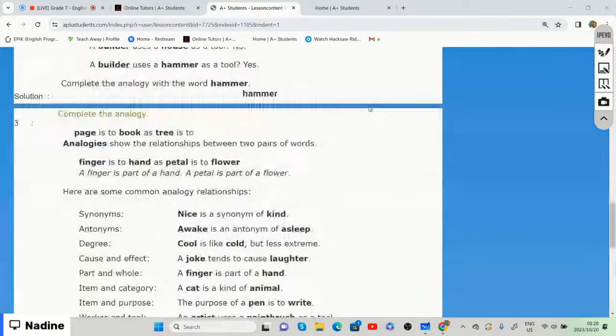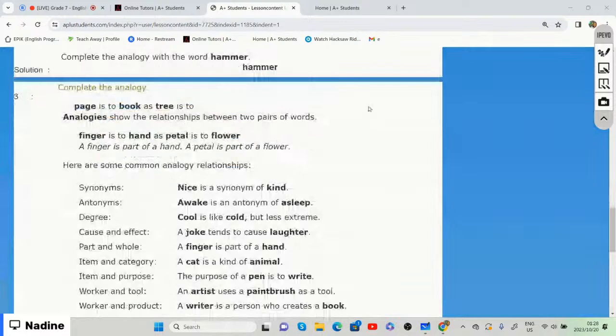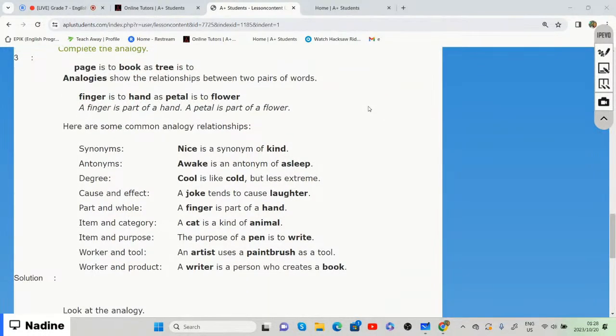And then a page is to book, right? Whereas a tree is to what? If we find pages in a book, a tree is to what?